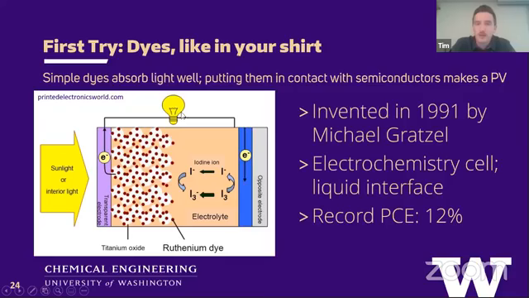Unfortunately, because of various limitations with the solar cell itself, they only got to about 12% PCE, that is a specific efficiency, power conversion efficiency. So it's the percentage of energy of the incident sunlight that is converted to electrical energy. It was only able to get about 12% efficient at its most efficient, which is not good enough for commercialization.